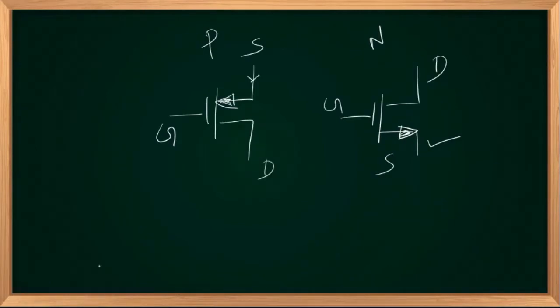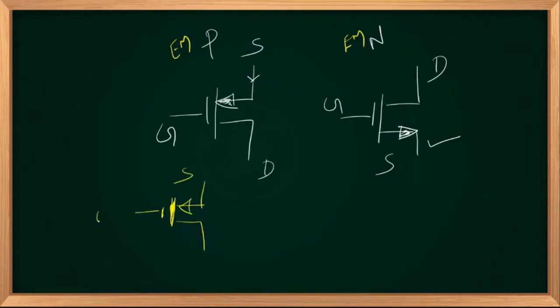Along with that, we discussed these are for enhancement mode, right? Enhancement mode, N and P channels. If the device is depletion mode, the only change is this line will be thicker. That indicates there exists a channel.